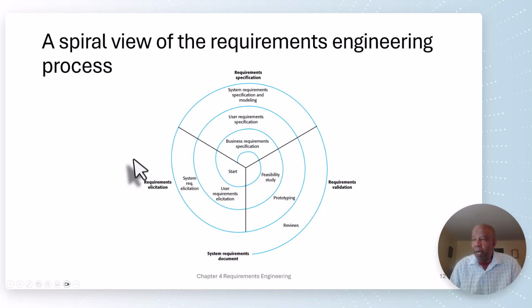Here's a spiral model. We talked about a spiral model for process development. This is a spiral model for the requirements engineering process. We're starting with business requirements and doing a feasibility study. Based on the feasibility study, we're getting requirements solicitation. We're asking for requirements.